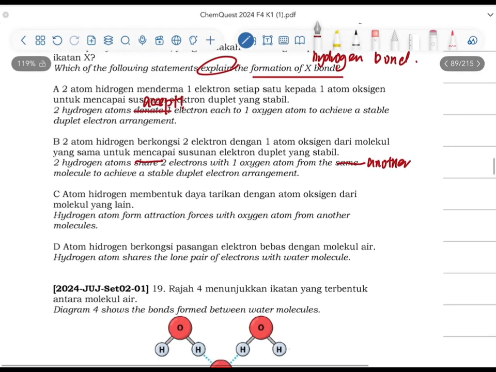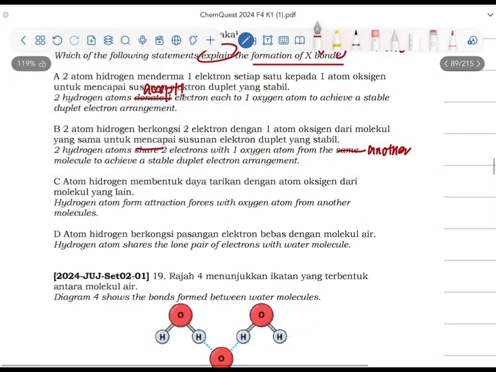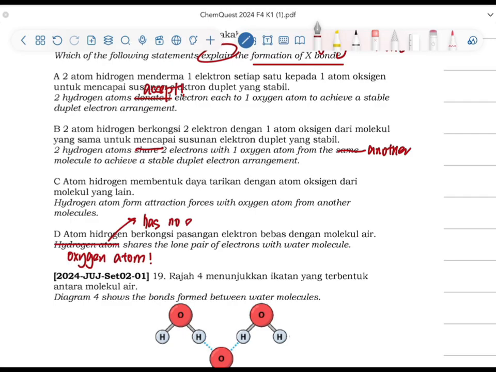C, hydrogen atom forms attraction forces with oxygen atom from another molecule. D, hydrogen atom shares the lone pair of electrons with water molecule. It is not the hydrogen atom that shares the lone pair of electrons, it is the oxygen atom. The hydrogen is basically nothing because it has no electron that can be donated or accepted.